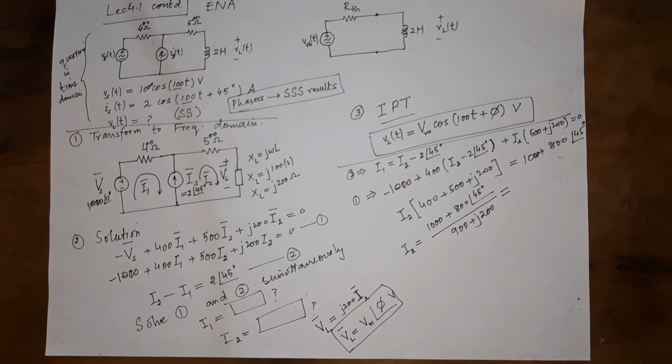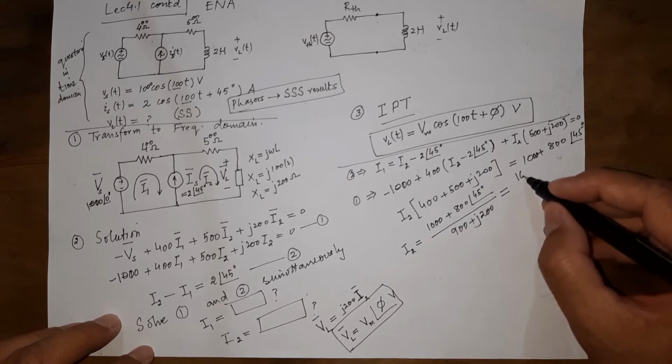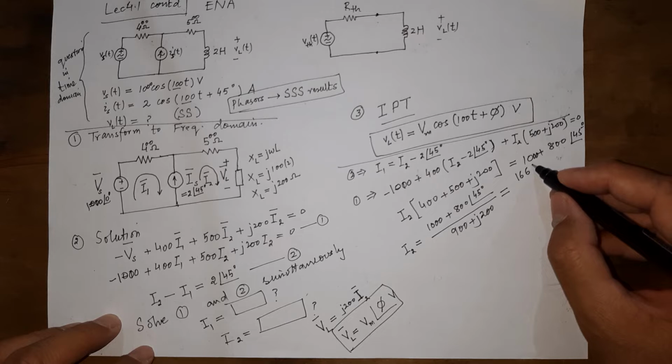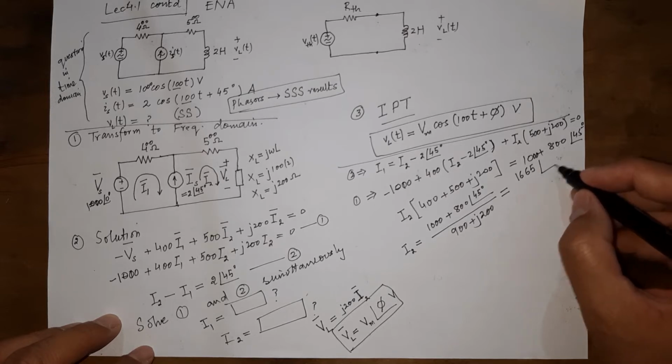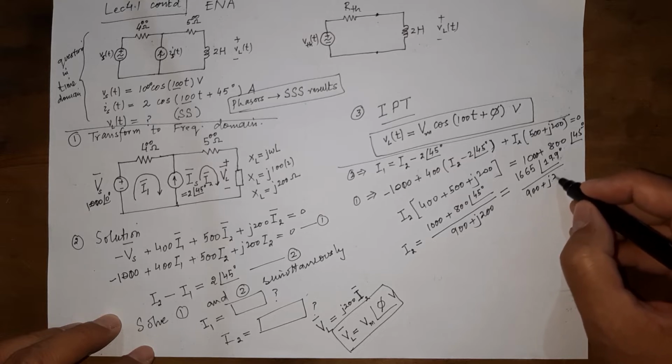Let me use my calculator on the computer and give you the result. First I add 1000 to 800 angle 45. Just for you to understand, the result of the numerator would be 1665, rounded off, with an angle of 19.9 degrees, divided by this 900 plus j200.